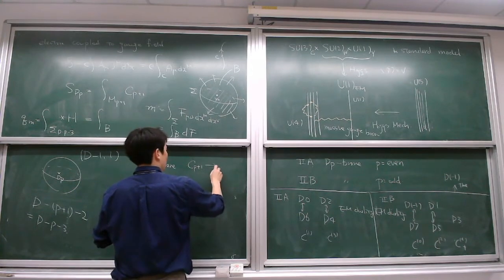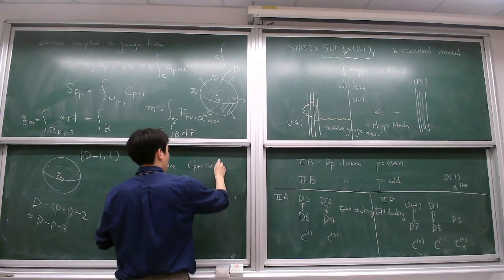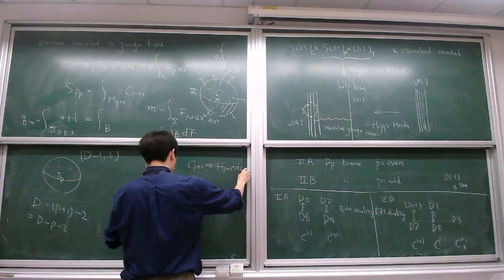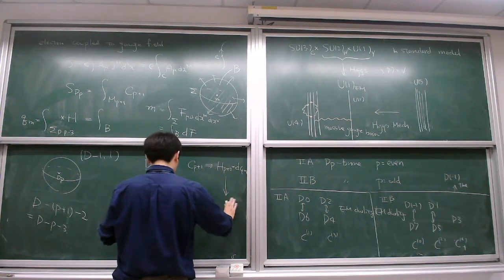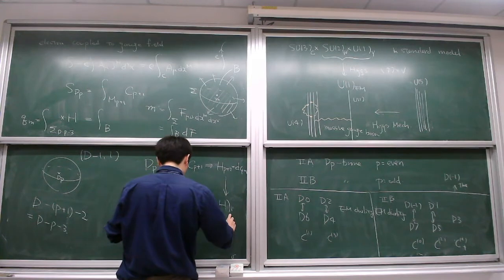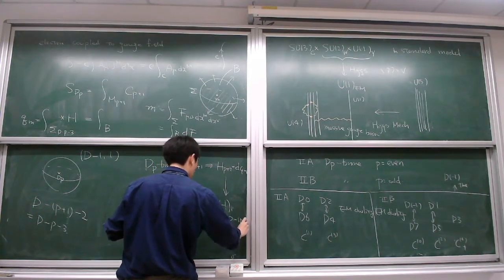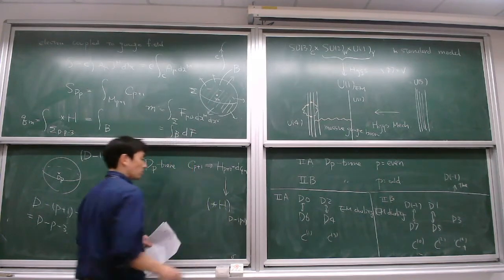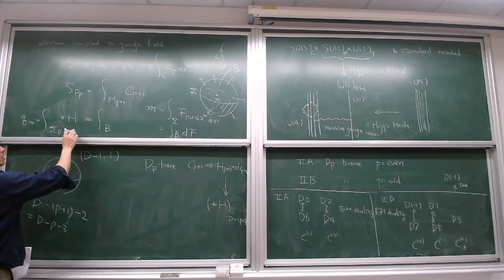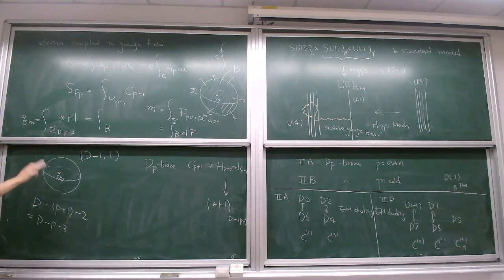And take the magnetic dual, star H p plus 2, which is indeed D minus p plus 2. So this has to be D minus. Sorry, my calculation was wrong here.